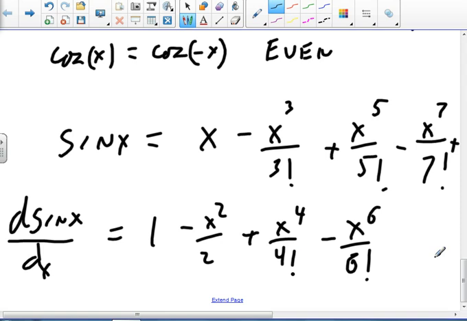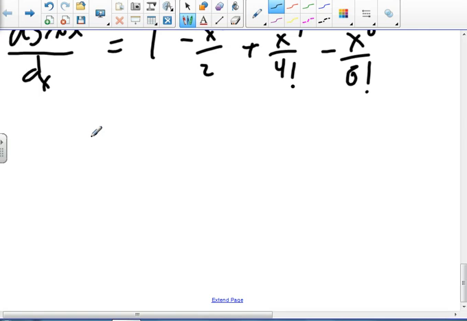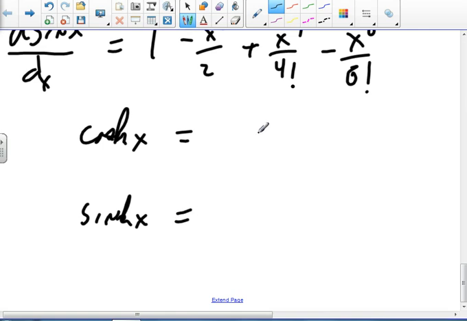Now I've got hyperbolic sine, hyperbolic cosine. Why not? Hyperbolic cosine x, I end up with 1 plus x squared over 2 factorial plus x to the 4th over 4 factorial plus blah, blah, blah.